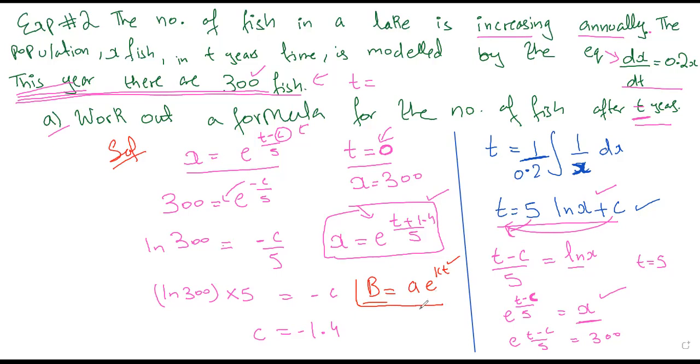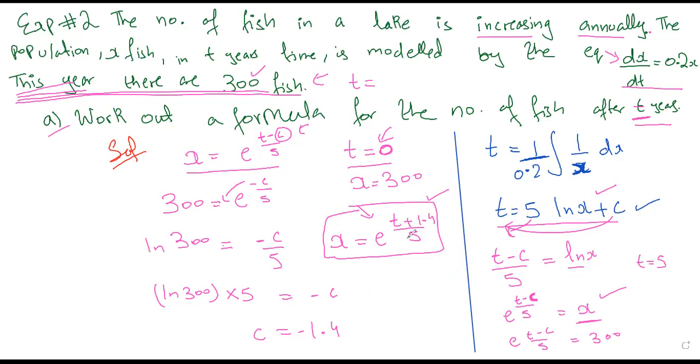Similarly, in this part, when t becomes infinite, think about this. Okay, you might not be able to understand this way, but think about this example this way. If you have time equals infinity, do you think that you will have infinitely many fishes? No, because you have some restrictions, you have some water and food restrictions, right?